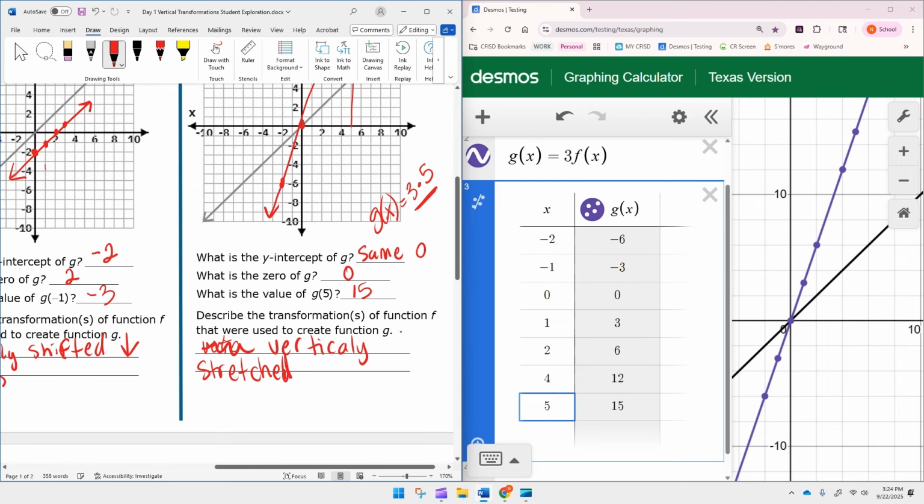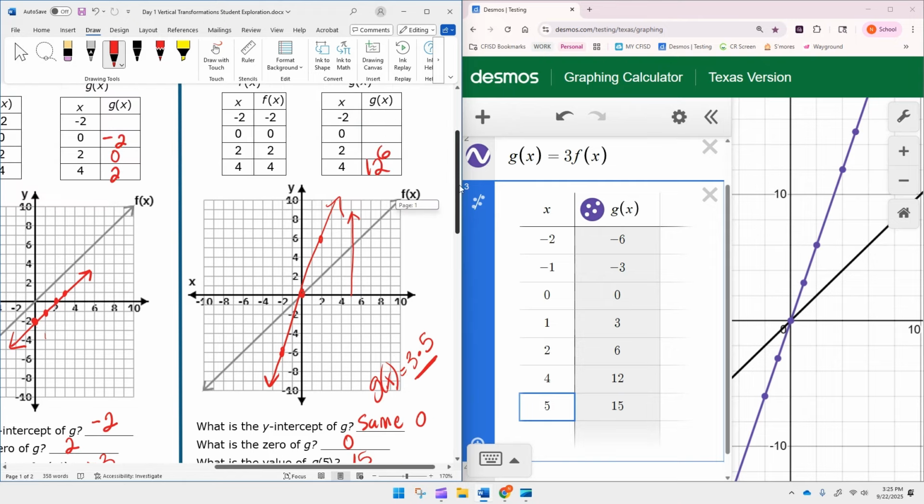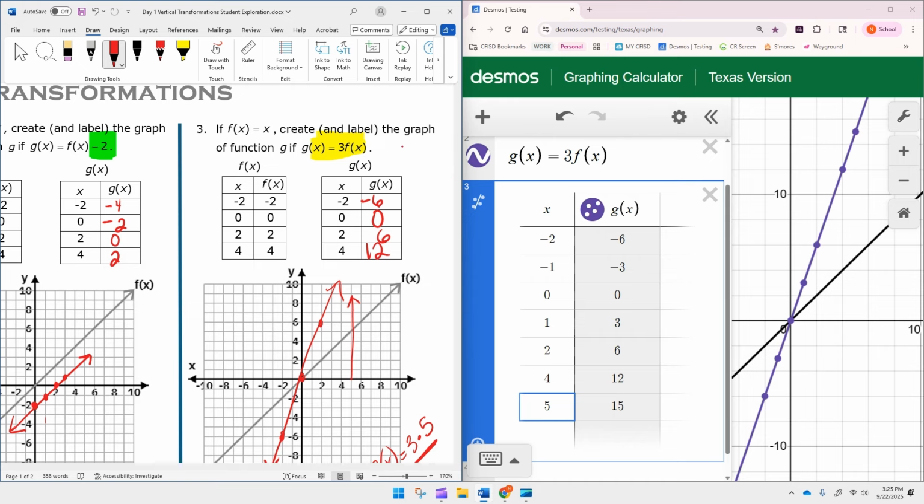That means the y values got steeper by a scale factor of 3. And if you also think about it, when we're talking about stretch, we're getting steeper because we're multiplying by a number larger than 1.